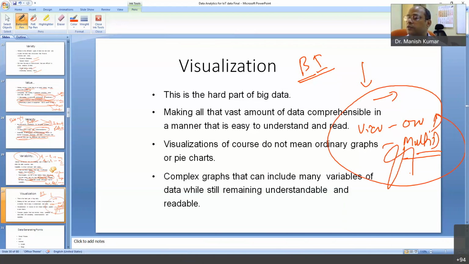If you can provide a multi-dimensional view of the pattern and data, it can be very easy for upper management to interpret the data analysis. So all such visualization techniques talk about that. When all these characteristics are present in a data environment, you refer to that environment as a big data environment. Okay.